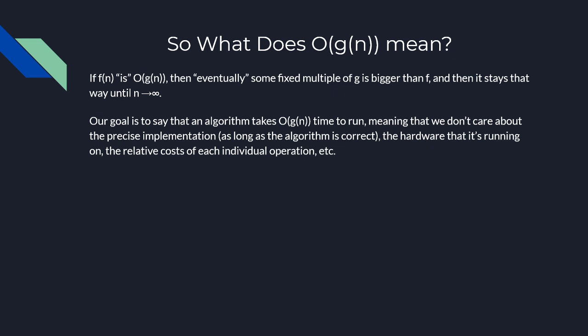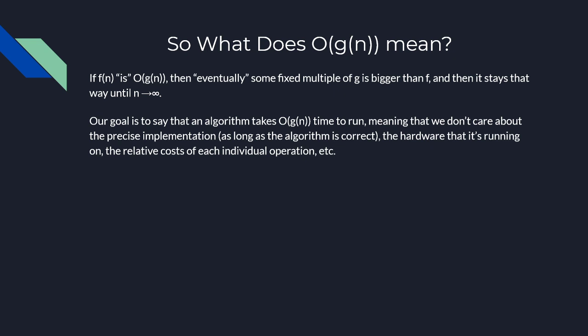Right. And of course the question is, what is n? Generally n is some kind of input size. So if your algorithm takes a list, if it's a searching or a sorting algorithm, n is usually the length of the list. If it's some kind of string algorithm, then it'll be the length of the string usually.